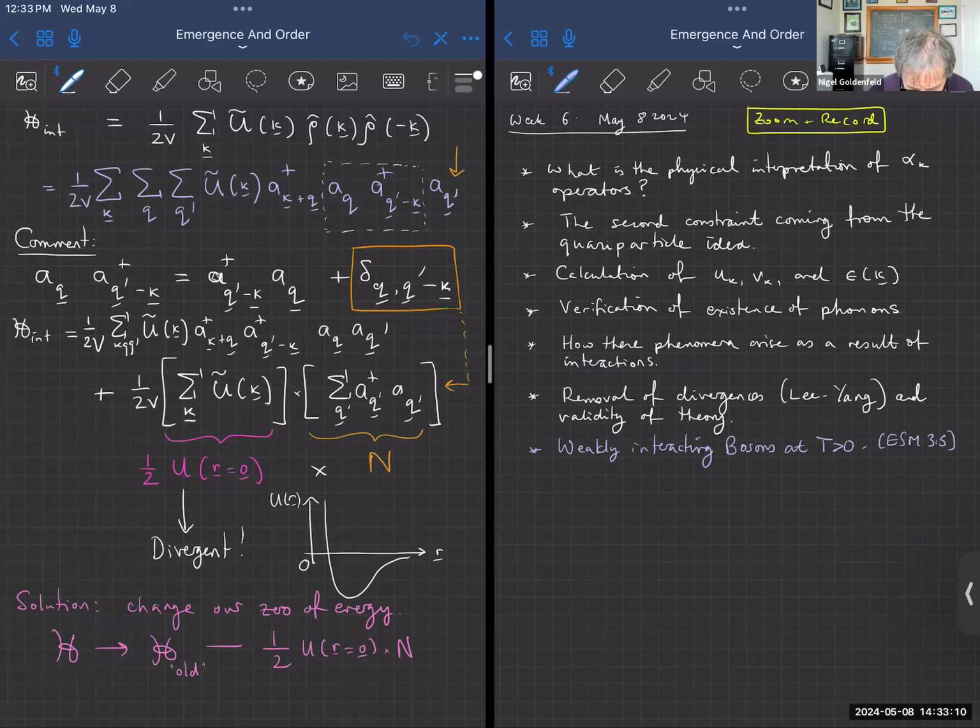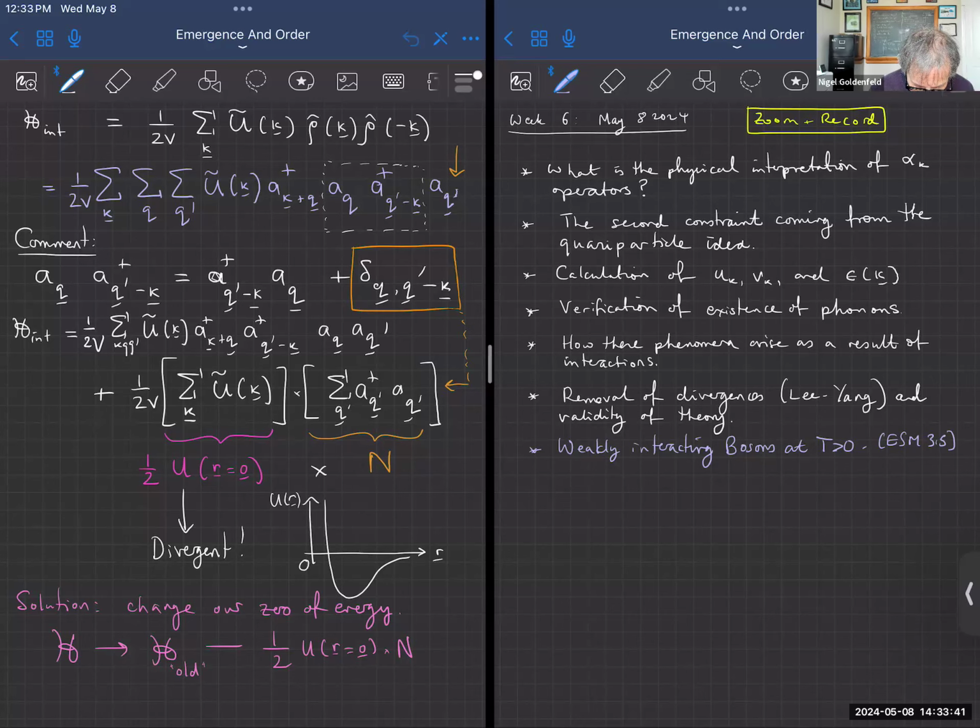And then what we saw was that if we write down simply the convolution, the sum over particles of the pair potential without any constraints, we can write that down in terms of operators, and that's shown on the top left. But what we discovered was that there's a term that is divergent, and that term comes from the interaction of particles with themselves.